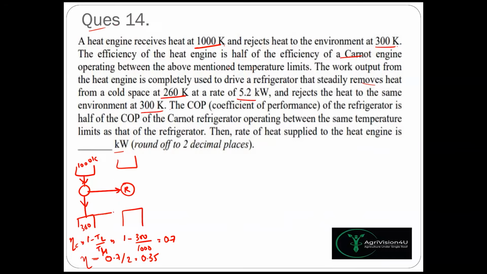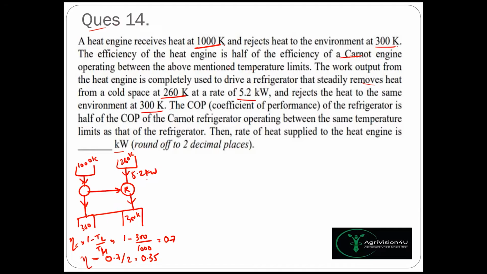Okay, so let's just say ये हमारा connected है. This is also 300 Kelvin and ये हमारा 260 Kelvin हो जाएगा. यहाँ से हमारा heat remove करेंगे and here हम लोग work is given. Now, it works at this rate that it steadily removes a heat of 5.2 kilowatt from this and rejects the heat to the same environment, that is at 300 kilopascal.